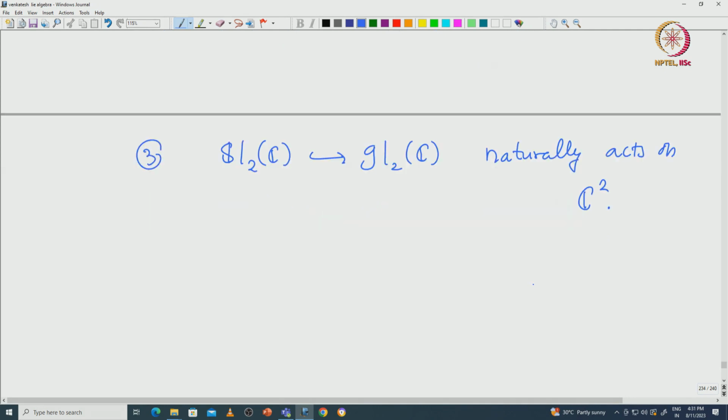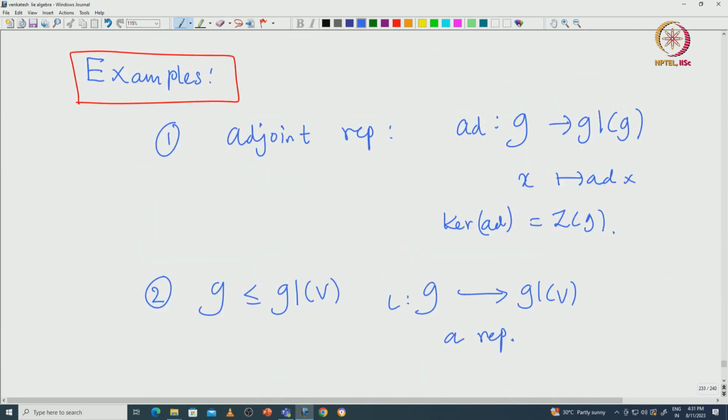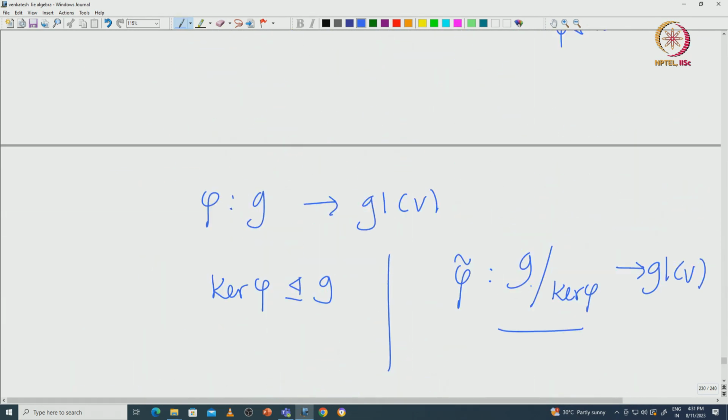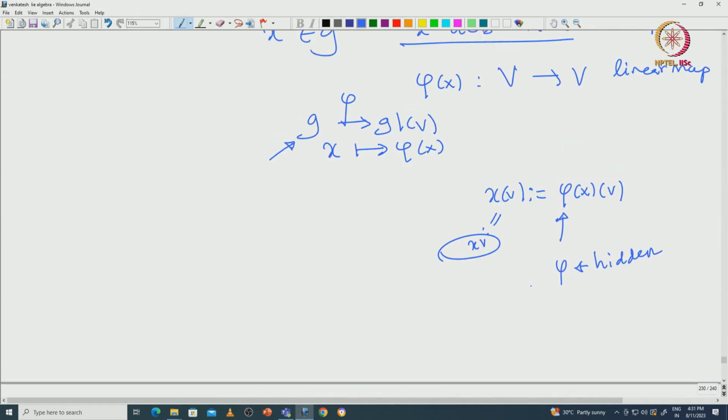So, now this same thing, giving a map from G to GL of V, can be characterized as follows. Some of the books define the representation as follows.